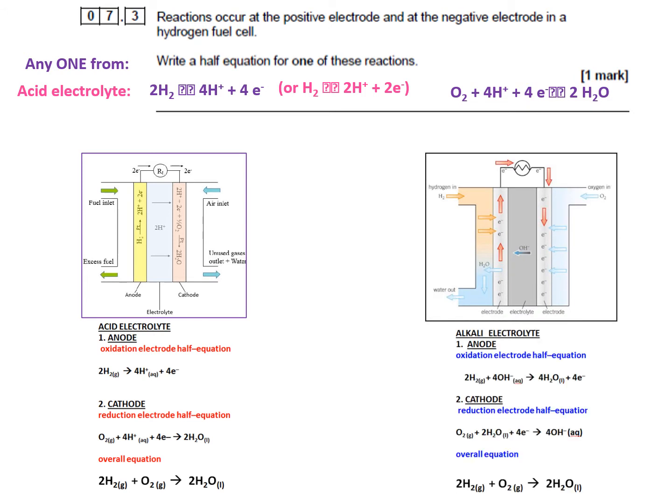We could also have, if we had an alkaline electrolyte, which is the second possibility for our fuel cell. Notice this time round we're using alkali rather than acid and producing water. So here's our two reactions this time. Overall, you can see the process is exactly the same.